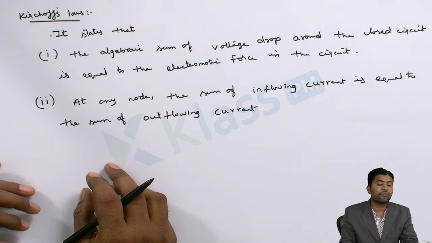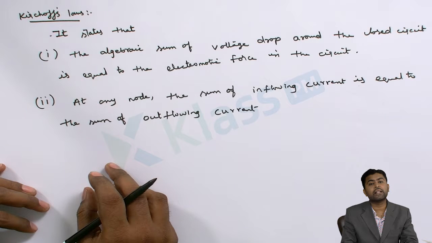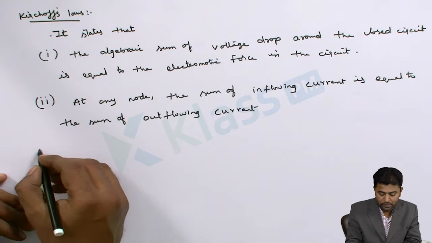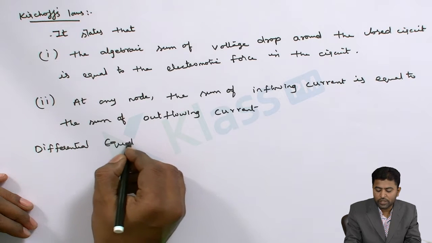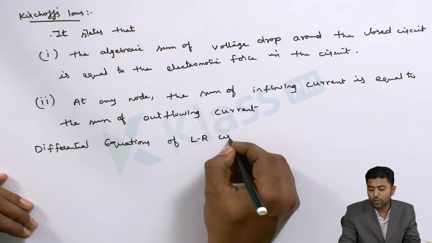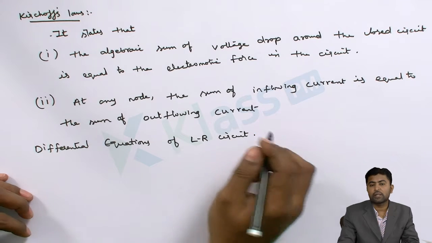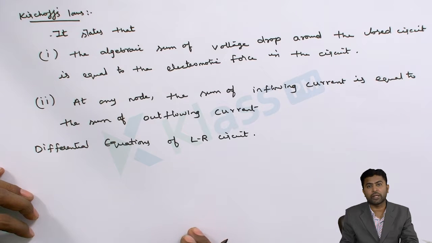Now we'll see the differential equation of LR, LC and LCR circuits. Differential equation of an LR circuit means a circuit which consists of only two passive elements, that is inductance and resistance.